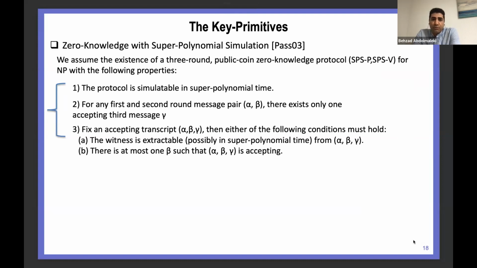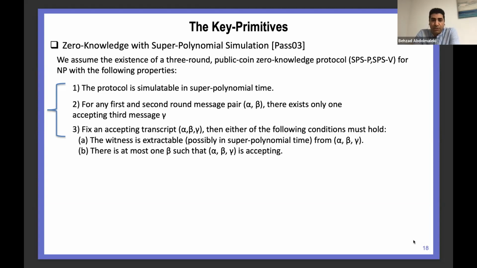And the second condition is that for the first and second messages, since this is a 3-round protocol, let's call them alpha and beta, there is only one accepting third message gamma. And also, if we fix the transcript alpha, beta and gamma, then either of the following should hold: the witness should be extractable, or there is at most one beta for which the transcript alpha, beta and gamma is accepting.